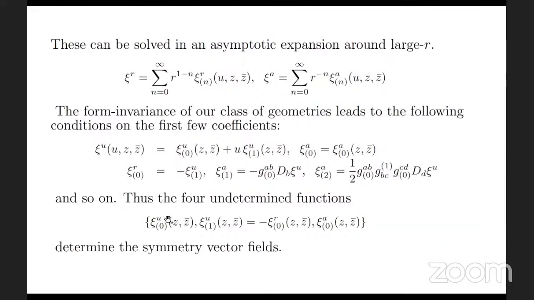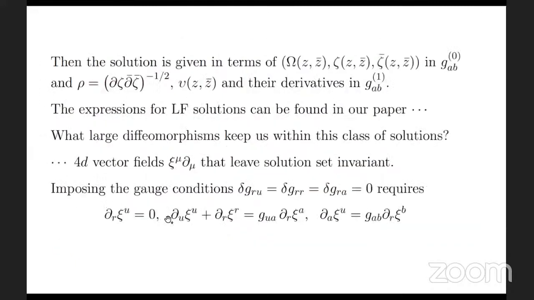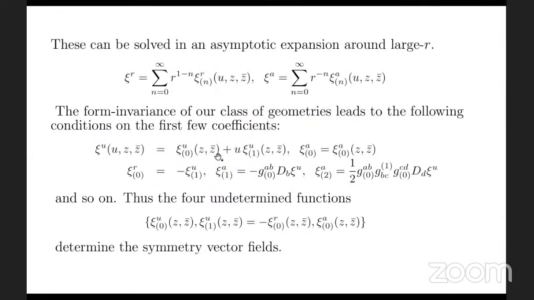So what I call psi u0, basically psi u cannot depend on r, is one of the conditions. Okay, so it can only depend on u, z, z bar, and in particular its u dependence will be linear in u.